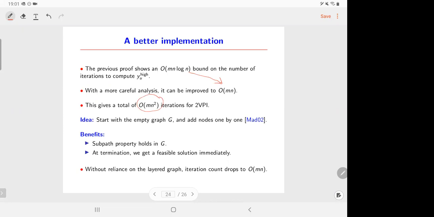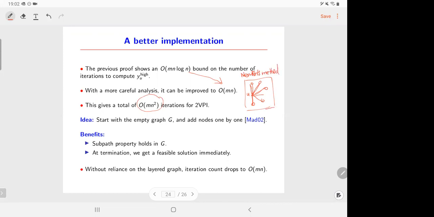Now, we will use an idea first given by Madani of adding nodes one by one to improve the running time further. Here's the idea. You start with the empty graph, consisting of only the singletons. Then in every phase, we add the edges which are adjacent to u, and then we run Newton's method on this.